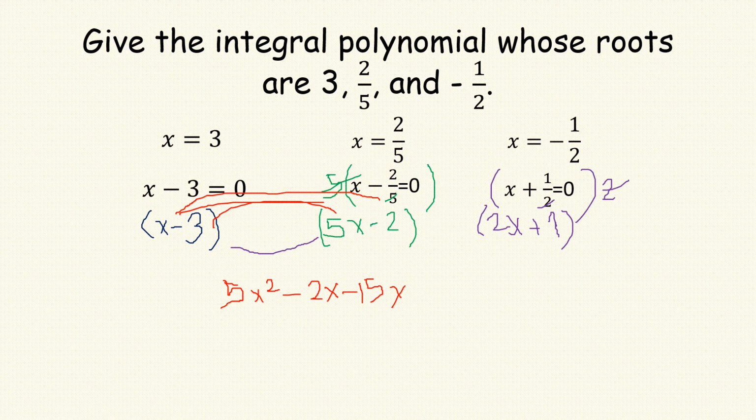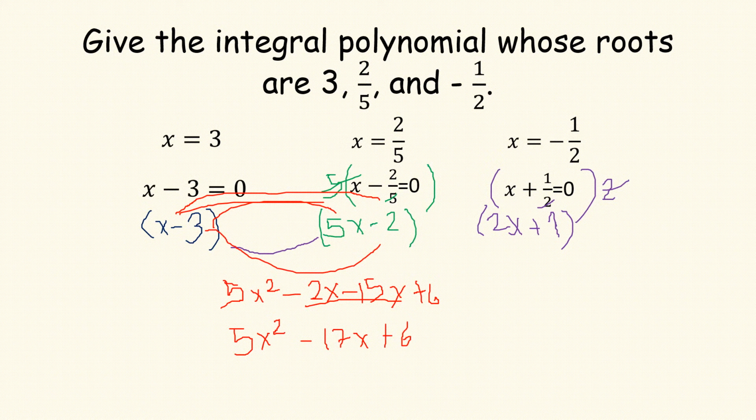Then the last term, negative 2 times negative 3, it will give us positive 6. Then after that, combine like terms. So we have now, copy lang yung 5x squared. Then, i-add natin yan. So, magiging negative 17x. Then, just copy positive 6.